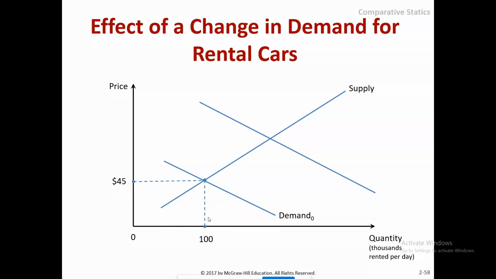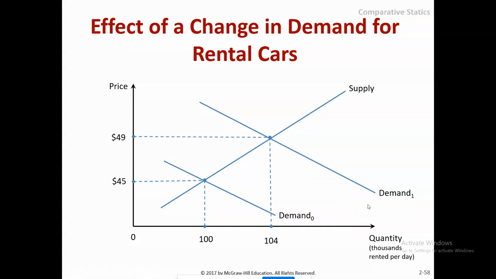And because of higher income, assuming it's a normal good, demand will increase. At the original $45, you can say the quantity demanded is very high, and the quantity supplied is still 100, resulting in 8,000 units of shortage. Shortage will push the sellers to increase their price.